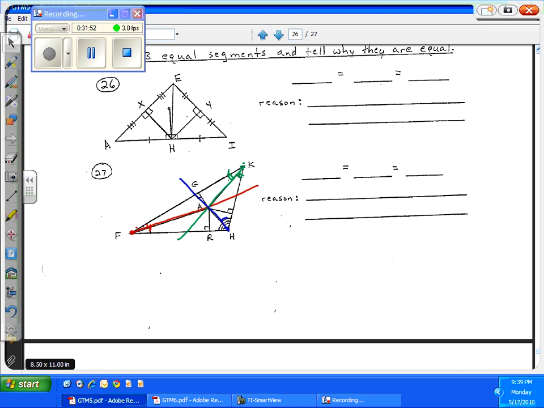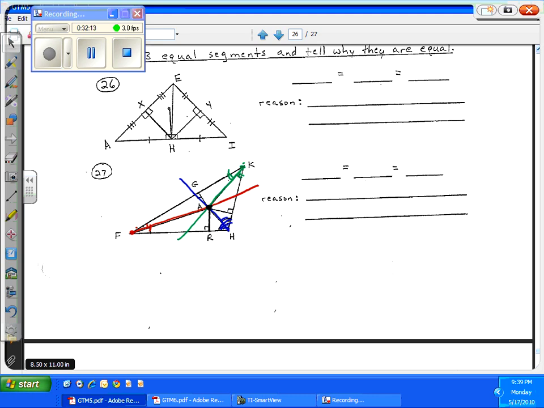This would be the bisector of the angle at H. The bisectors of the angles of a triangle intersect at a point that is equidistant from the sides of the triangle.